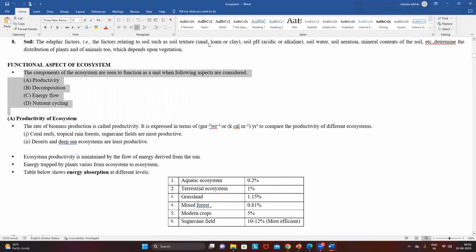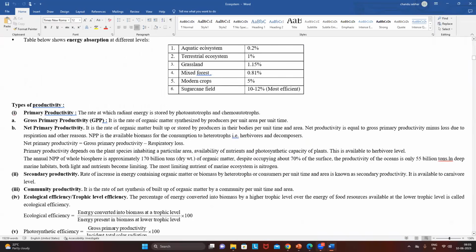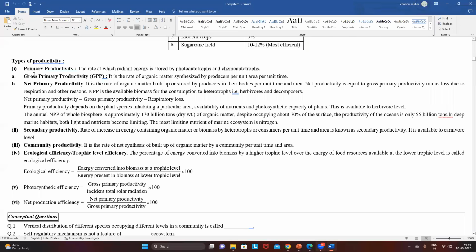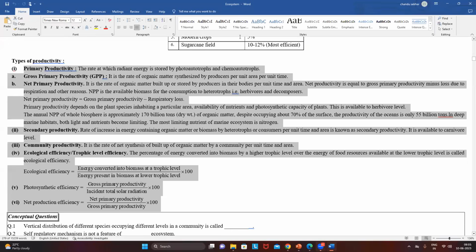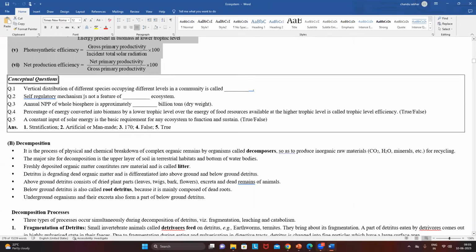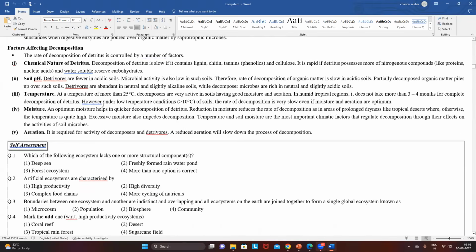A question asked in the exam: which of the following is not a major function of the ecosystem? And undoubtedly you are going to get questions from productivity. We have discussed primary productivity, secondary productivity, gross productivity, net productivity. You have to read all of it. For everything, we have mentioned many questions.